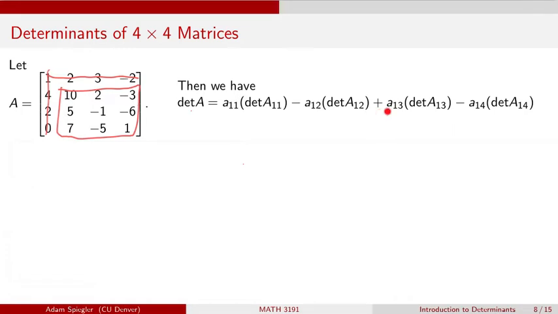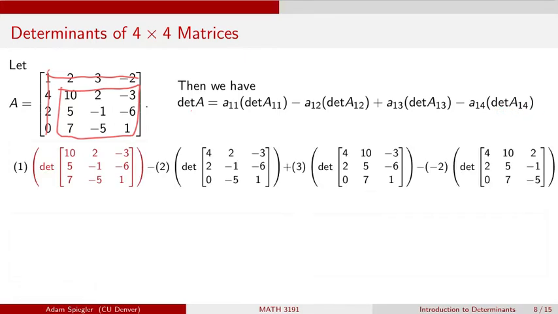Then we add A13 because the 1 and the 3 add up to an even number, times the determinant of submatrix A13. And then finally, we subtract because the 1 plus the 4 gives us a 5, which is odd. So we're going to subtract A14 times the determinant of submatrix A14.